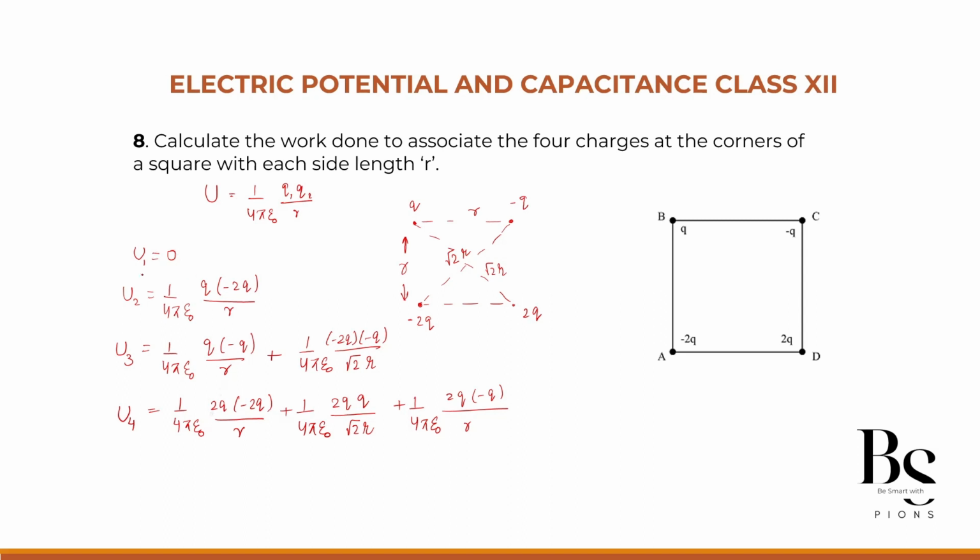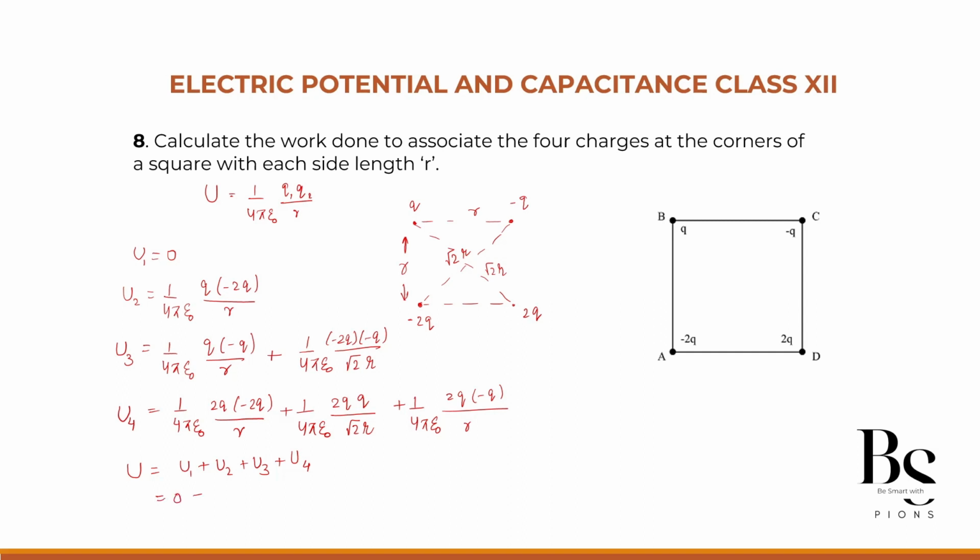So which one is the correct answer? So you have to add all of them. Okay. So the total potential energy required to assemble all of them together will be U1 plus U2 plus U3 plus U4. So let's put here U1. What's our U1? Sir, 0. Be very careful with the signs.